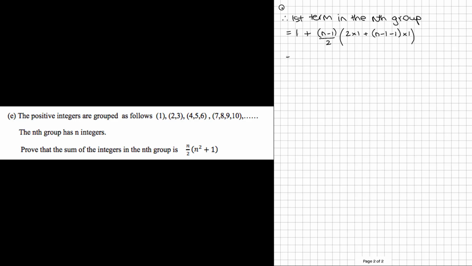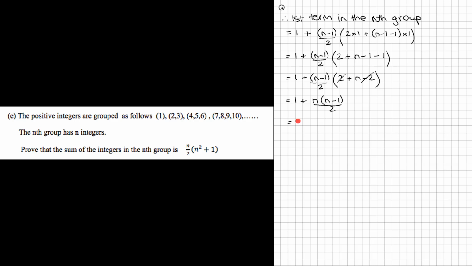So if we think about what that simplifies to, we'll have 1 plus n minus 1 on 2 times 2 plus n minus 1 minus 1, which is 1 plus n minus 1 on 2 times 2 plus n minus 2. So these are 2 minus 2, they cancel each other out. So we end up with 1 plus n times n minus 1 on 2. Alright, so now if we think of how this can simplify, I'll get a common denominator of 2.